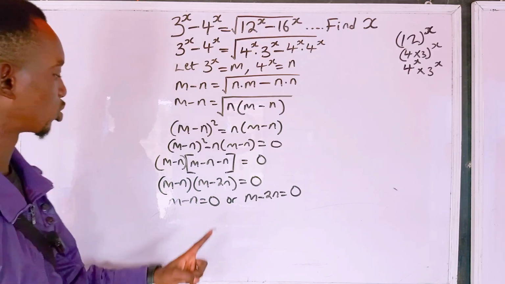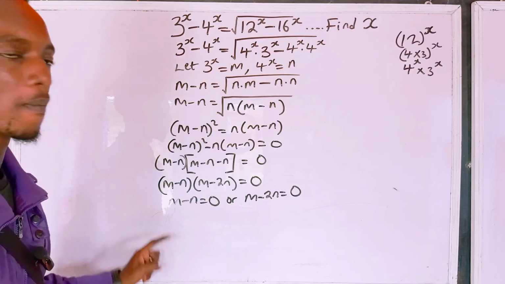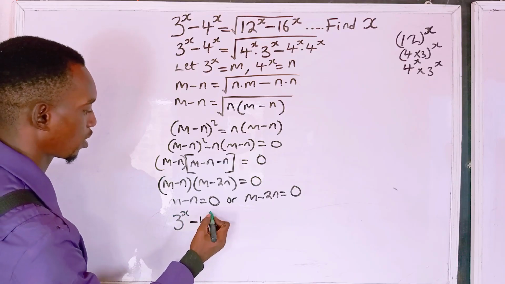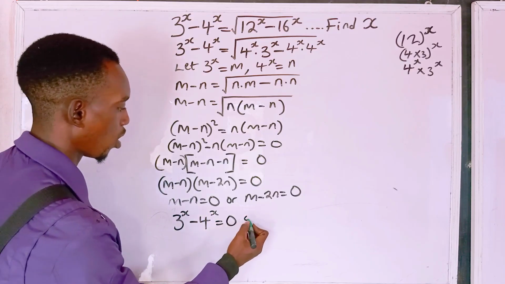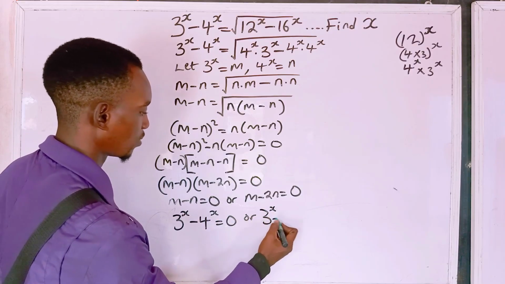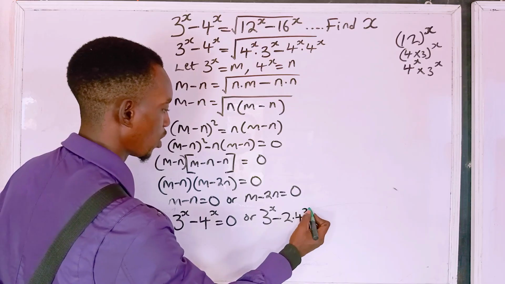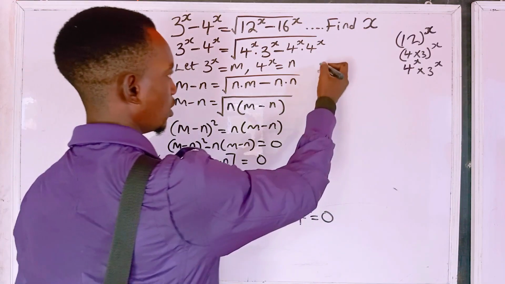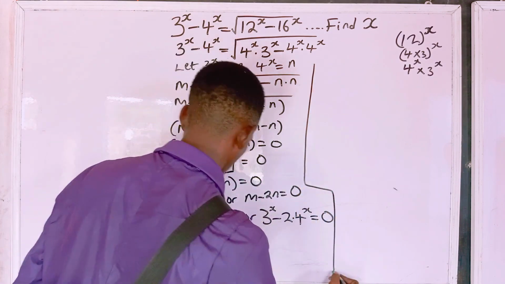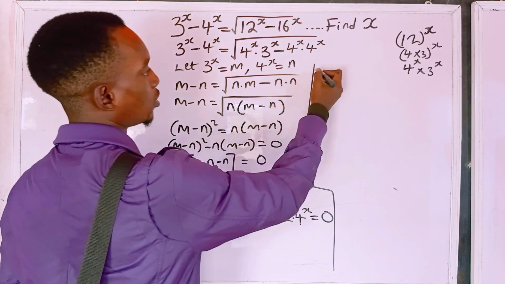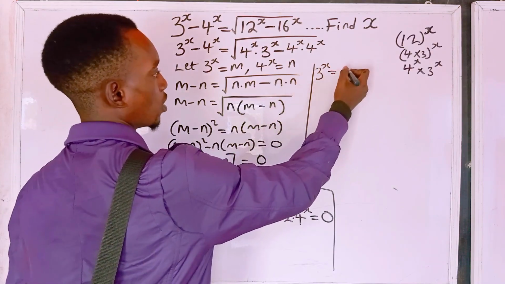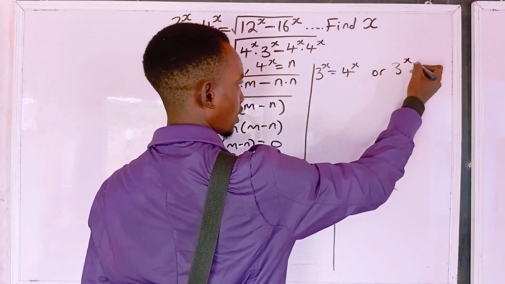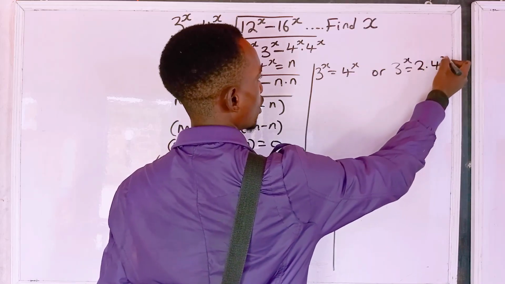So the next thing to do is now to substitute this back. So now we have 3 to the power of x minus 4 to the power of x equals 0 or 3 to the power of x minus 2 times 4 to the power of x equals 0. So let's now solve these two independently. So here we now have 3 to the power of x equals 4 to the power of x, or 3 to the power of x equals 2 times 4 to the power of x.